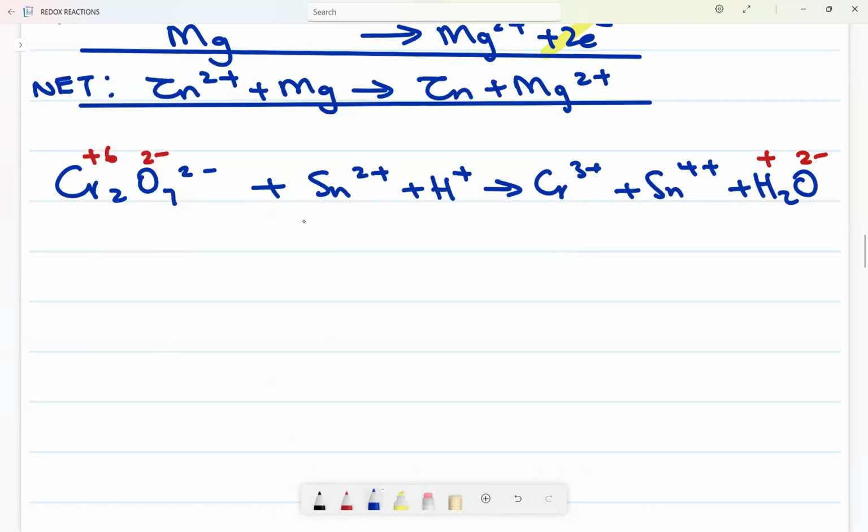But when I write it, I won't just write Cr reduced to Cr3+. It is reduced from which compound? From this compound, all of this compound. So what we do is we're gonna say Cr2O7 2- was reduced, all of it.